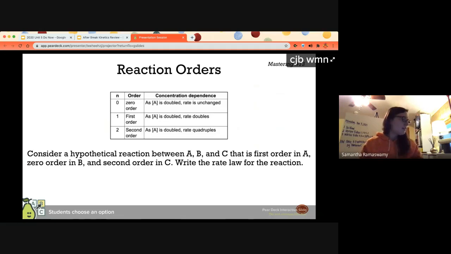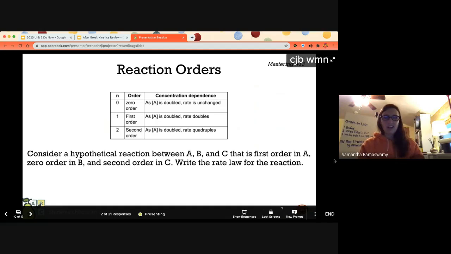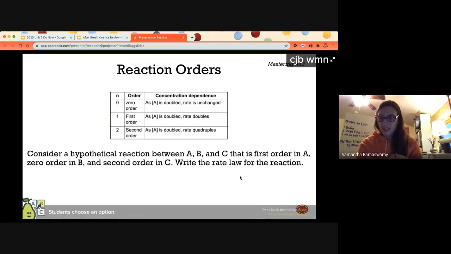Oh man, I didn't change this. Okay, 1 second. We're not going to choose an option here. I'll tell you what the rate law is. Okay, so don't worry about answering this because this doesn't even make sense. But try to write the rate law down on your piece of paper.